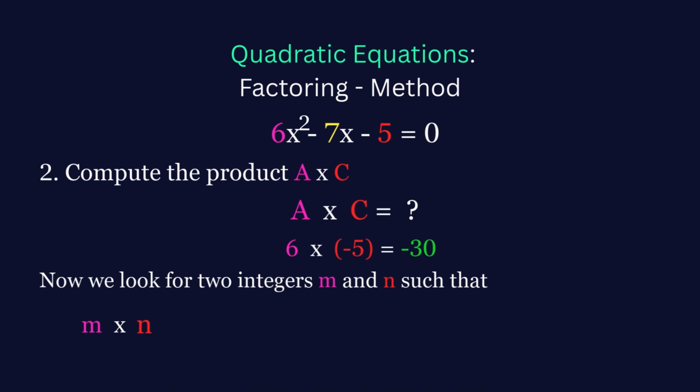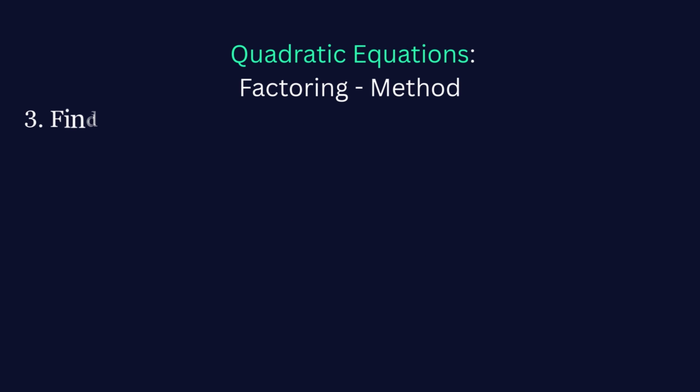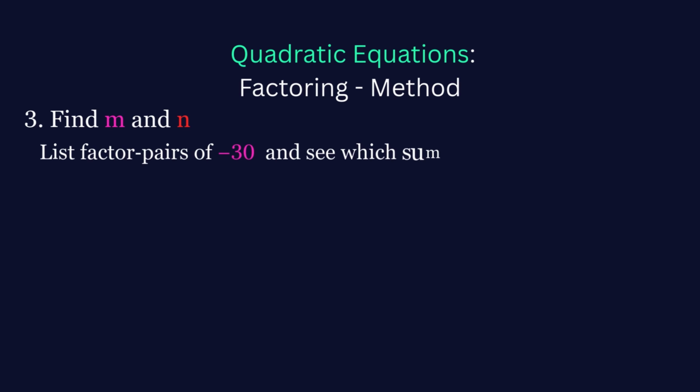We will be using these two numbers, m and n, when we factor. When I multiply m and n, I must get the same product, negative 30. And when I add those two numbers, m and n, it must give me the middle term, that is negative 7. So let's find those two unknown numbers, whose product is negative 30 and whose sum is negative 7.